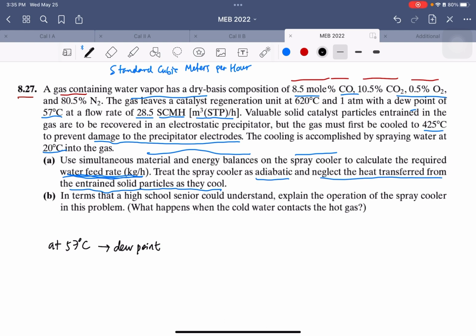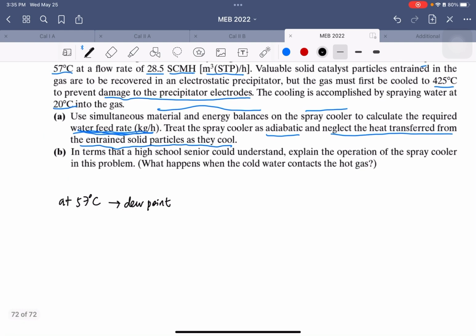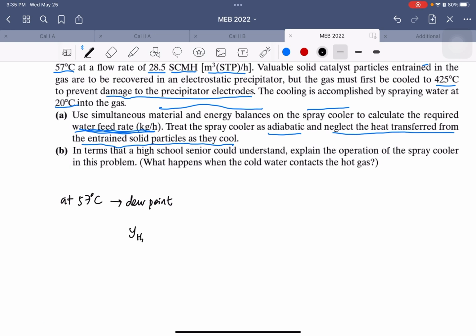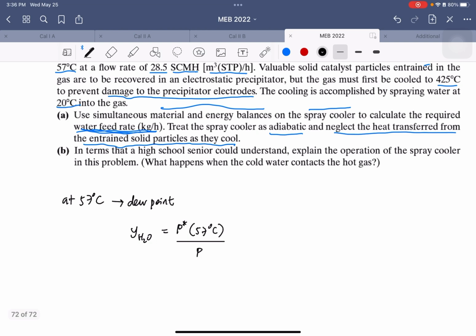So basically what this means is at this 57 degrees Celsius we could take our calculations to find the water vapor pressure. So we could take this at 57 degrees Celsius using this equation.